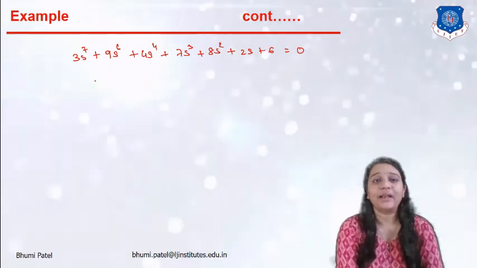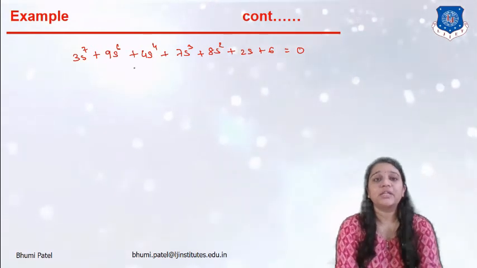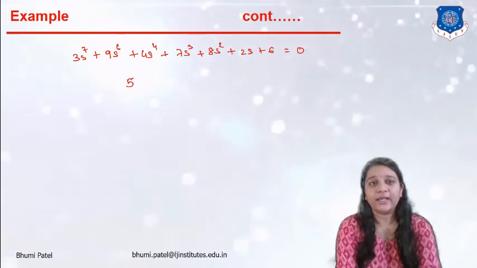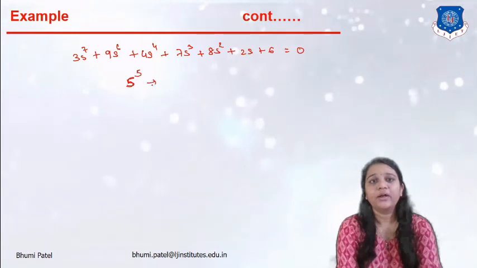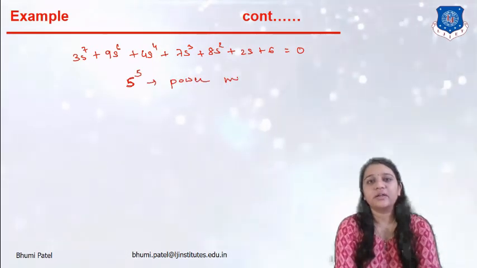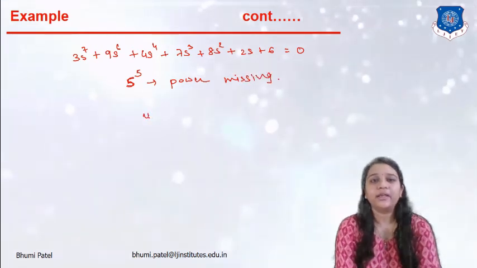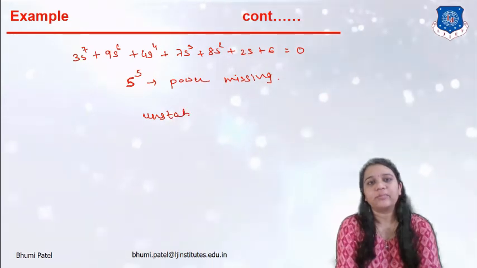Here you can see that condition 2 is not matched for this equation because the s raised to 5 power is missing for this particular system equation, and that's why this type of system is known as the unstable system.